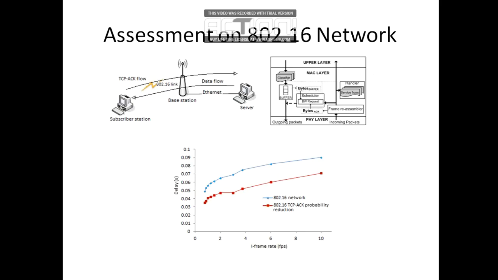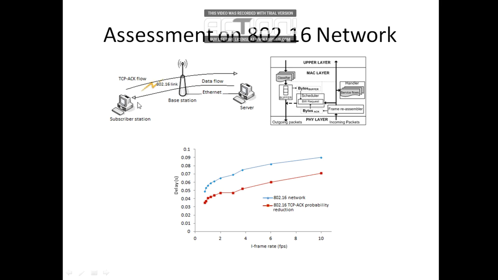Next, we implement the proposed method for the WiMAX network. Here we have point-to-point connections, where the subscriber station receives data from the server, which is connected by Ethernet to the base station.